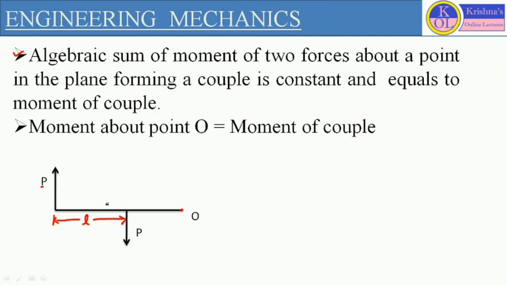Let us consider this distance L, and I am going to write down the points where the forces are applied, A and B. So the algebraic sum of moments of two forces about a point in a plane forming a couple should be constant and equivalent to the moment of couple. So the moment about point O for both forces should be equivalent to the moment of couple. How? Here I am going to write.